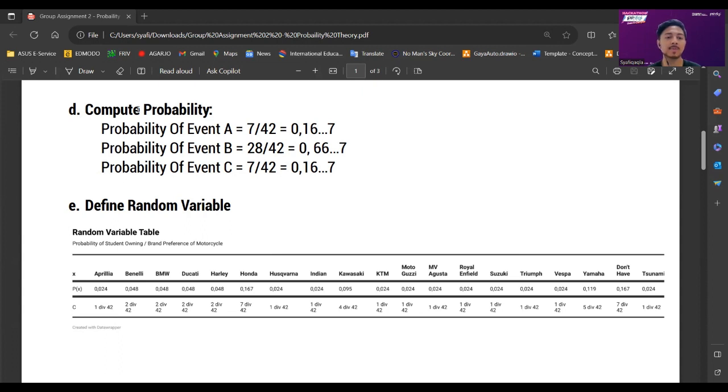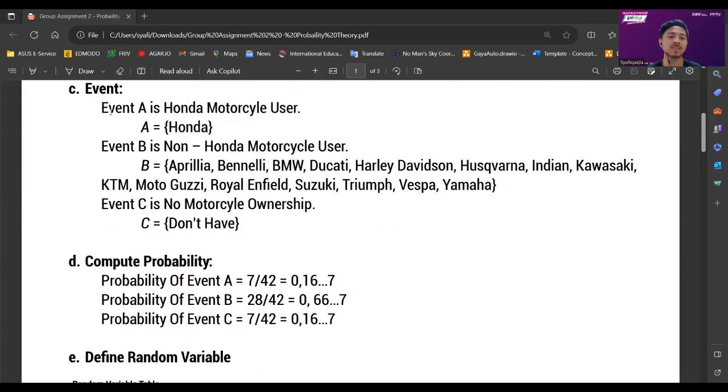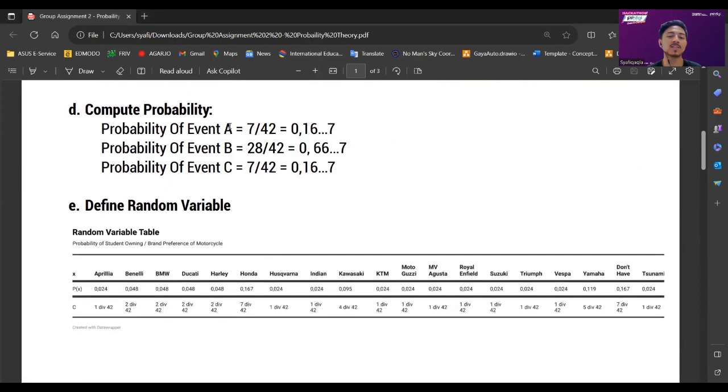So we compare the probability of event A. As you can see here, we define event A as Honda motorcycle user. In our data, event A has 7 out of 42 respondents, so this is equal to 0.1667.